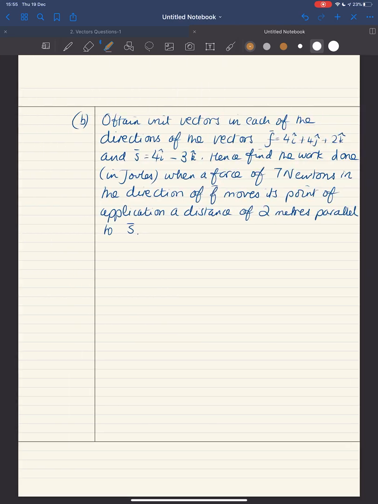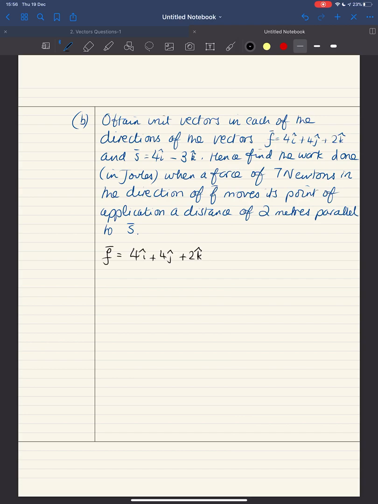Right, B. Obtain unit vectors in each of the directions of the vectors F, (4, 4, 2), and S, (4, 0, -3). Hence, find the work done. Okay, so unit vector. F is 4i plus 4j plus 2k.